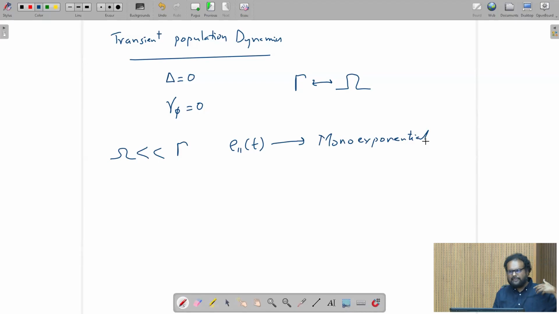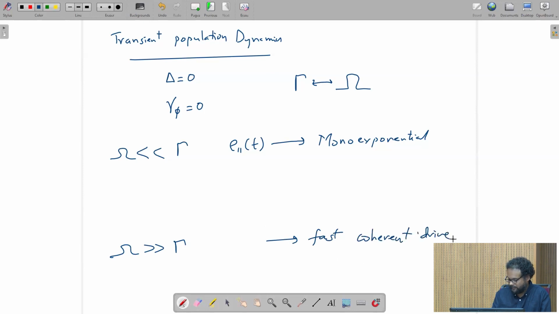On the other hand, you come with a very strong electric field, or you have a very strong dipole moment in the system, or a combination of both. Then your Rabi frequency is much larger than the spontaneous decay rate. So then your population dynamics will have very fast coherent oscillations and weak damping.